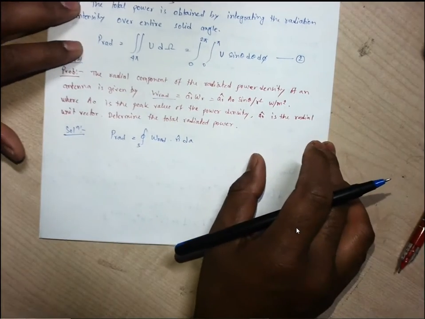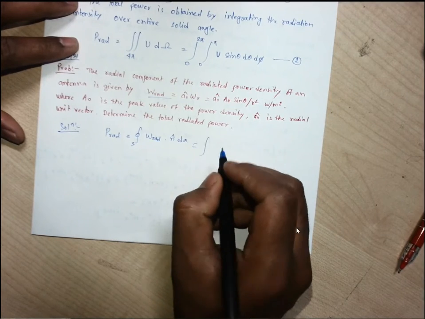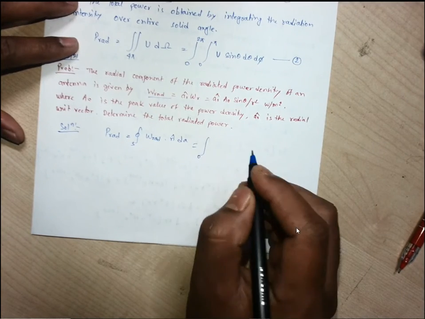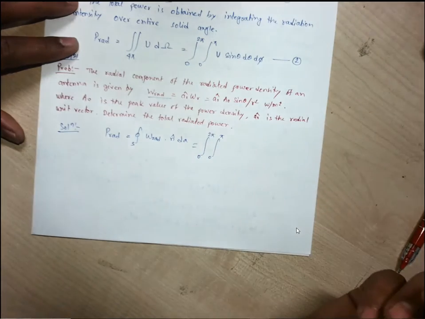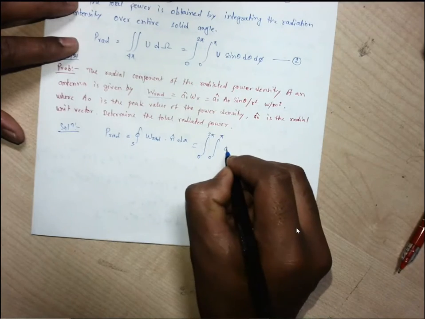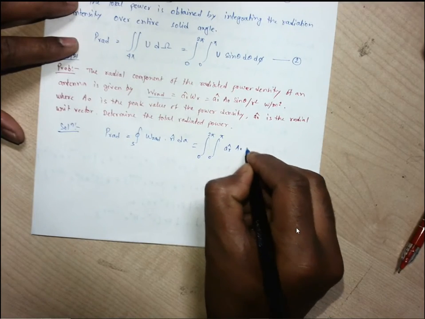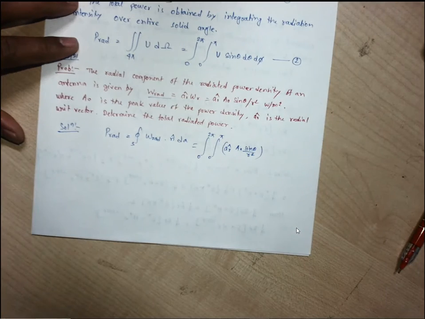Okay, so this closed surface area extends for phi from 0 to 2 pi, and theta from 0 to pi. W rad is given, that is a_r A naught sin theta by R square, dot the normal vector and dA. dA is the differential beam area.